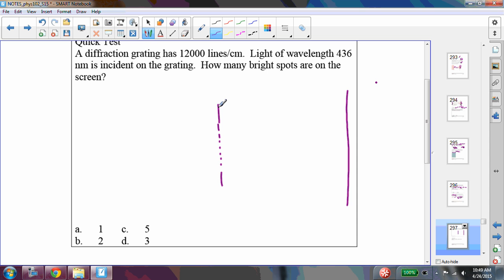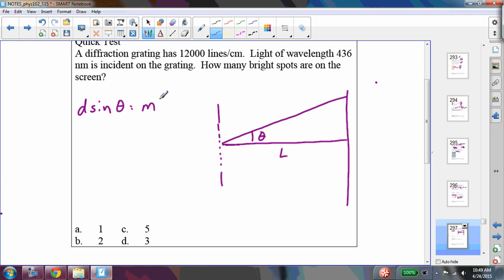So I have my distance L. This is my angle theta. And I want to know now how many bright spots are on the screen. Looking at this expression, d sine theta equals m lambda, what is the limit for this?